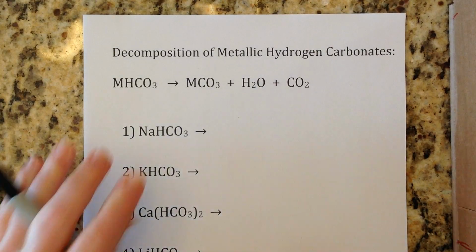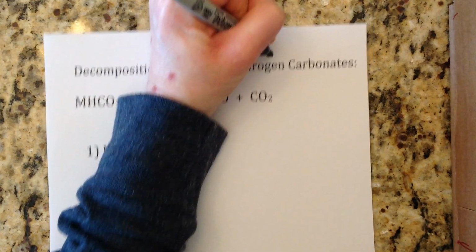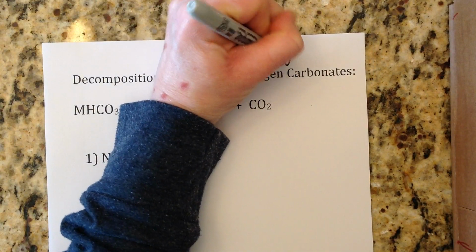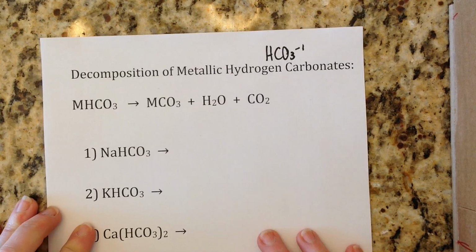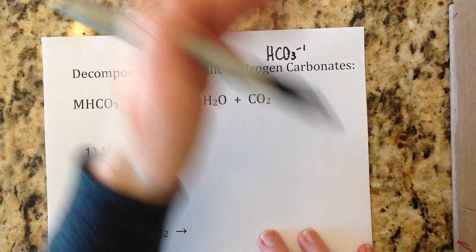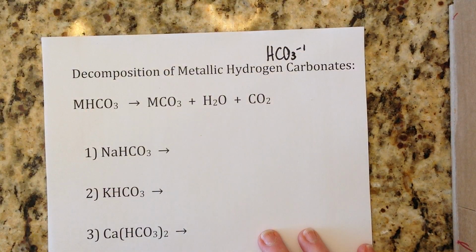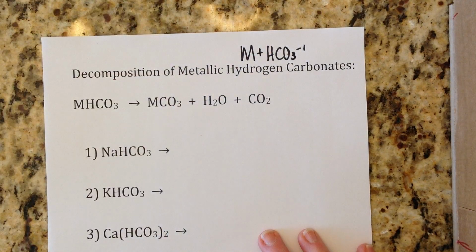So first of all, what we need to know is that hydrogen carbonate is HCO3 minus 1. That is one of our polyatomic ions. So a metal carbonate, or metal hydrogen carbonate, or metallic hydrogen carbonate, same thing, is going to be a metal that has been crisscrossed with hydrogen carbonate.